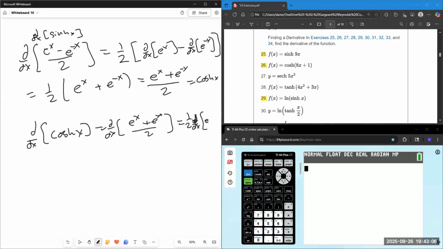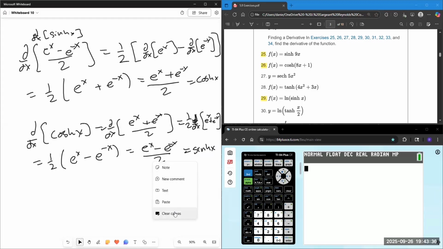So this is 1/2, and then the derivative of e to the x is e to the x, and the derivative of e to the negative x is negative e to the negative x. So this is e to the x minus e to the negative x over 2, which is sinh x. So the derivative of sinh is cosh, the derivative of cosh is sinh. And if we use the chain rule, then we use u substitution, and don't forget to multiply by the derivative of the inner function.